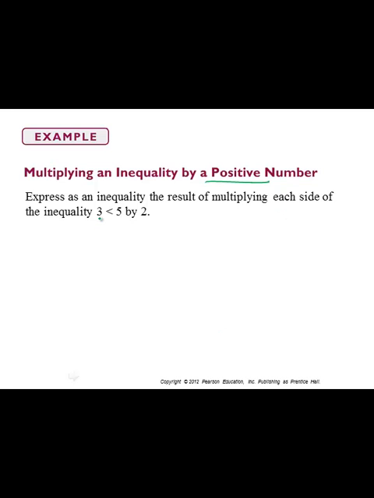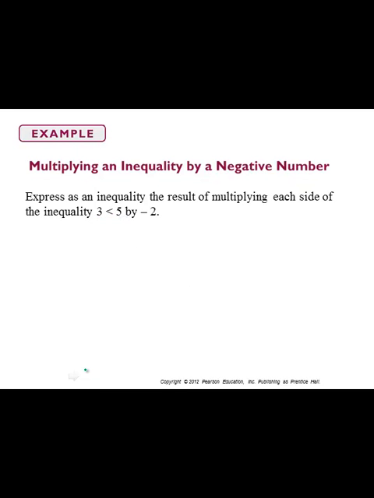So, for example, if I have 3 less than 5, we know that that's a true statement. And if you multiply both sides by 2, you get 6 is less than 10, which is also a true statement. But if you multiply or divide by a negative number, then that switches the direction of the inequality.